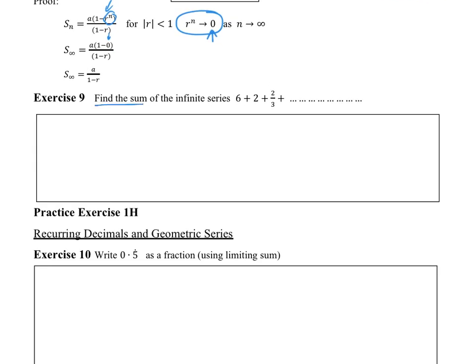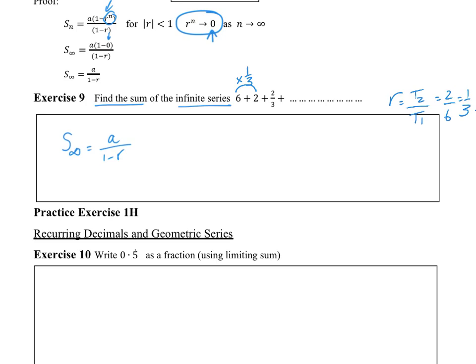They tell you, find the sum of the infinite series. So that's telling us that we want to find the sum to infinity. There's my formula. So just check to see if it's on your formula sheet. Okay, so we can see here that the r, what am I doing to get to there? I'm dividing by 3, but I need the timesing. So if you're not sure how to find that out, just go T2 divided by T1, 2 over 6, which is 1/3.